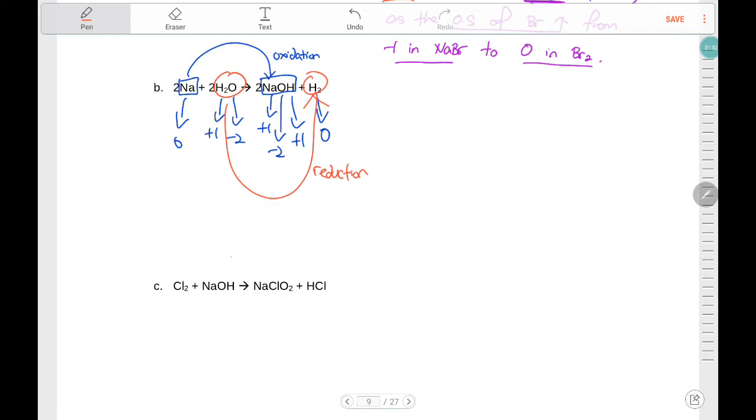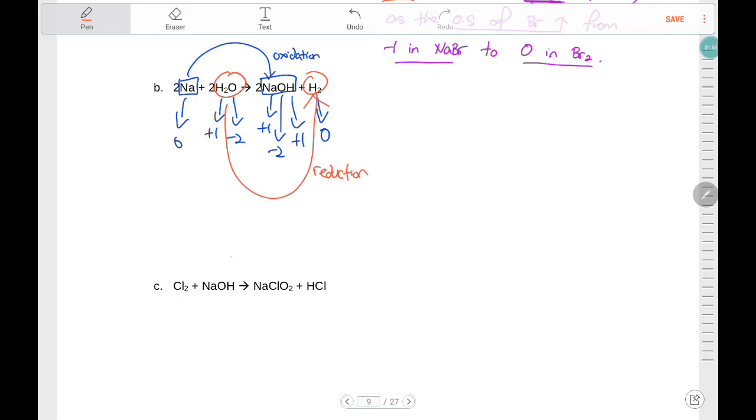H2O has been reduced into H2 as the oxidation state of H decreased from +1 in H2O to 0 in H2. That's all. Again, I do not say that reduction or oxidation has taken place.